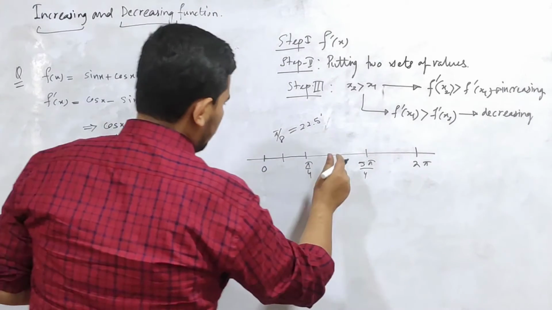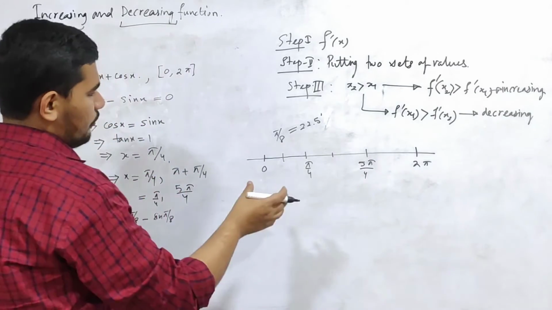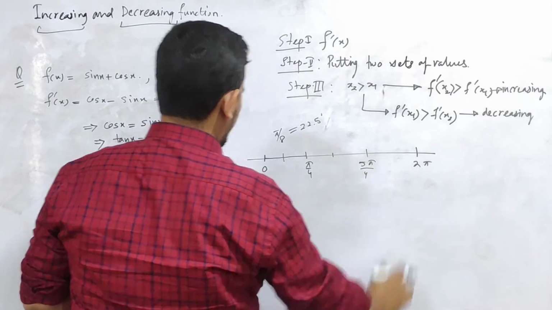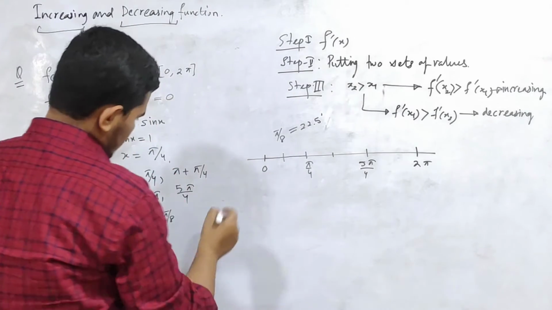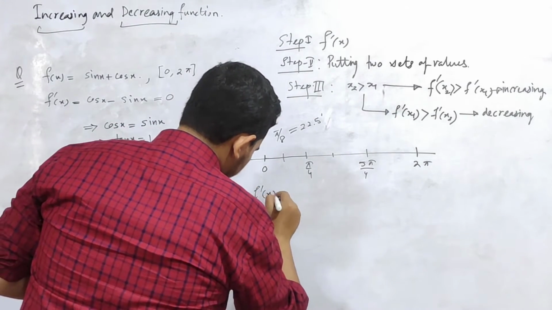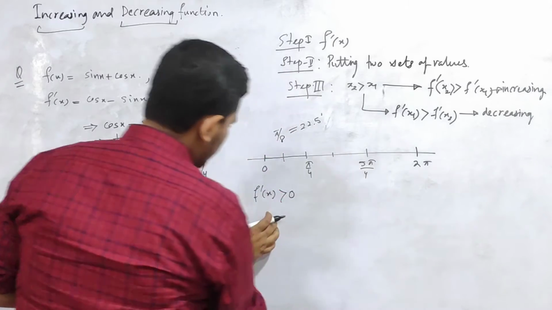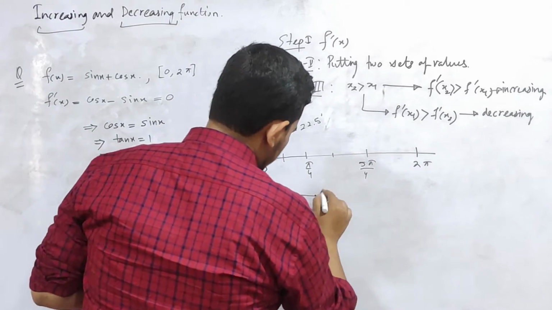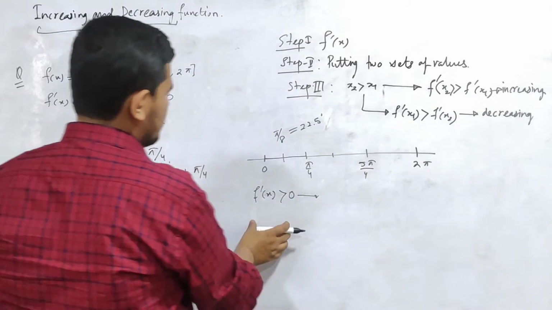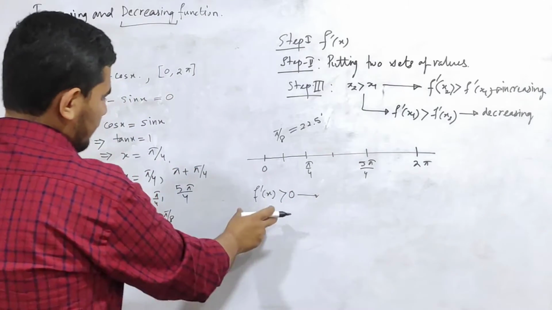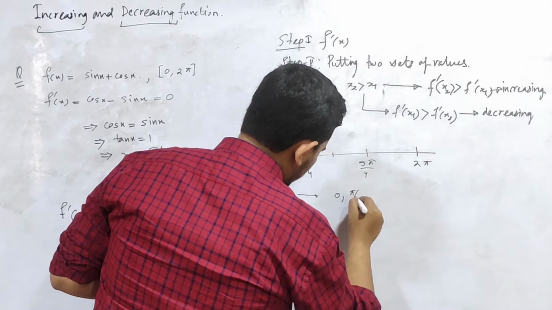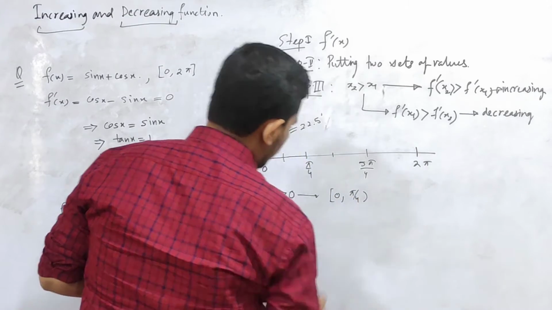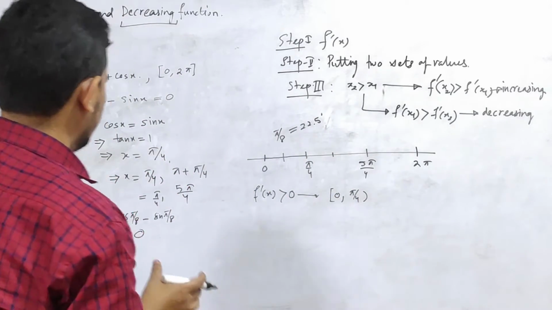Again, you can also check between points here and here. By putting some points here, you can always check that f dash of x is greater than or equal to 0 for an increasing function, and for decreasing, f dash of x is less than 0. So f dash of x greater than 0 will be found in 0 to pi by 4, where 0 will be included and pi by 4 will be excluded.